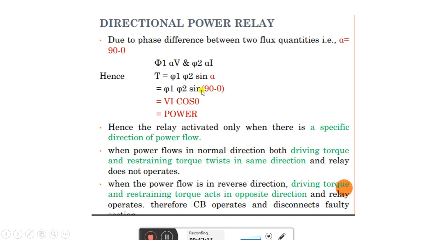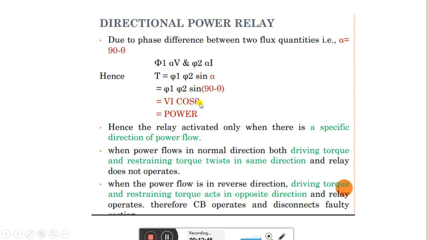It means we can write this expression as Phi1 Phi2 sine of 90 minus theta, or we can write torque T equals VI cos theta. Sine of 90 minus theta is cos theta, and Phi1 is proportional to V, Phi2 is proportional to I. So we can write here VI cos theta.